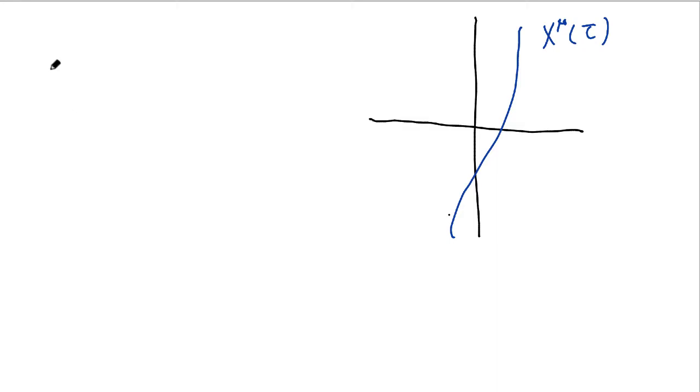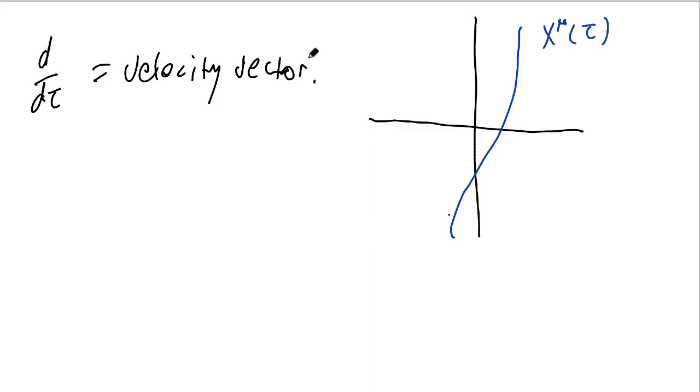And the velocity vector is this operator. Actually it's a bunch of vectors, one at each point along the world line, and we sometimes, just like in elementary physics, draw those velocity vectors as little arrows.